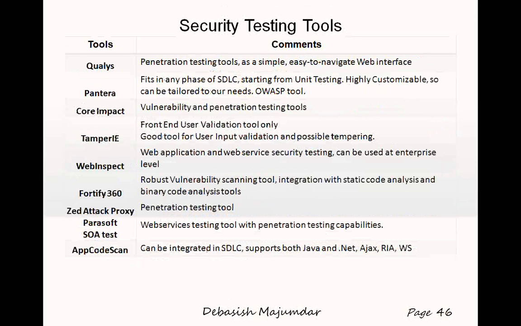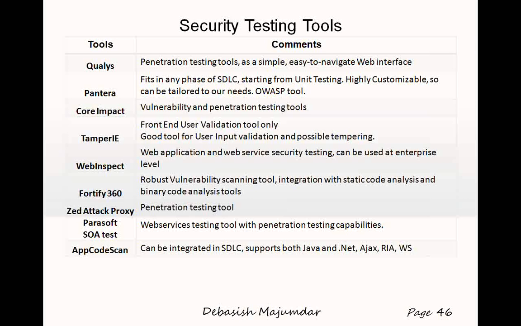Next is Qualys, which is a penetration testing tool with a simple and easy-to-navigate web interface. Then there is Tamper, which fits any phase of the SDLC, from requirements to design to development to testing, and is highly customizable and can be tailored to our needs. It also provides OWASP-specific security remediation criteria.